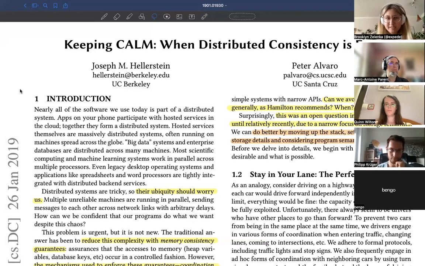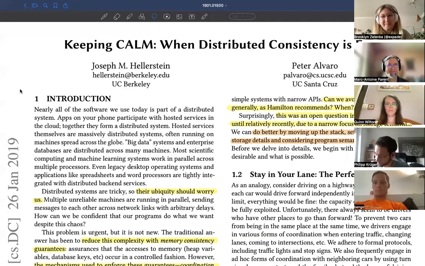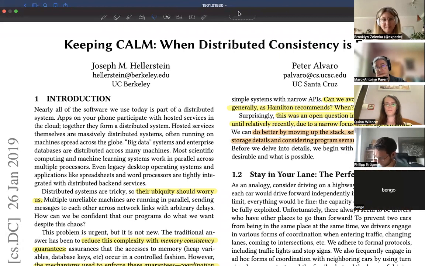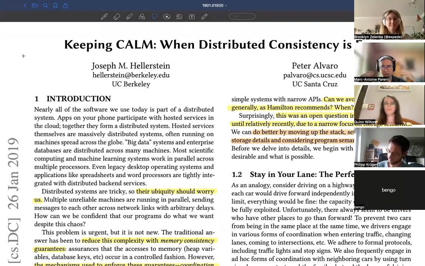Amazing. Awesome. Does anyone want to give a definition of monotonicity in this context? It all kind of hinges on this, right? Well, basically the idea is that as you add input, you are just growing the output.